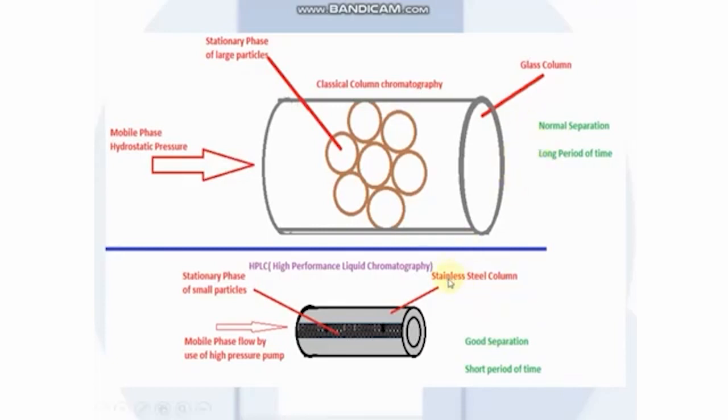On account of the use of high pressure in HPLC, this high performance liquid chromatography is also known as high pressure liquid chromatography. So in high performance liquid chromatography, we get good separation within a short period of time as compared to normal classical column chromatography.